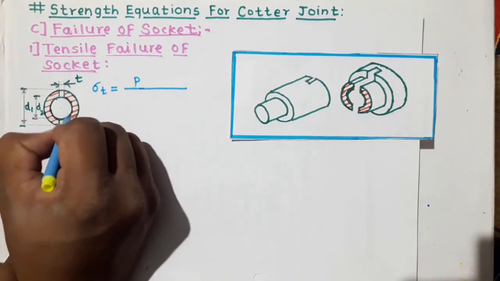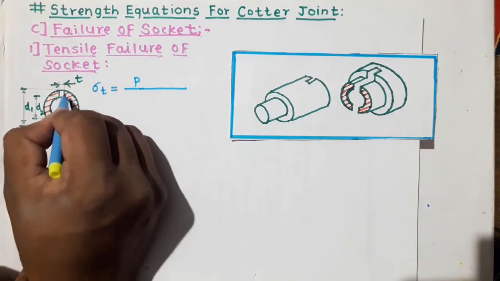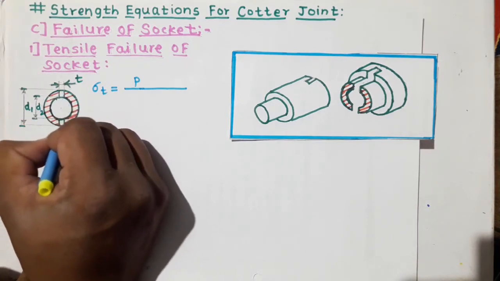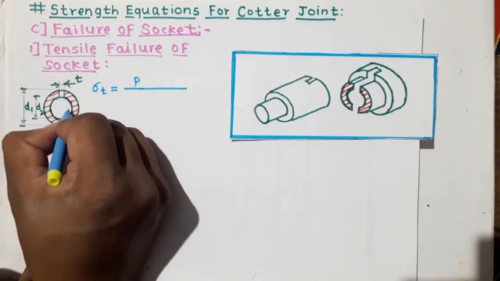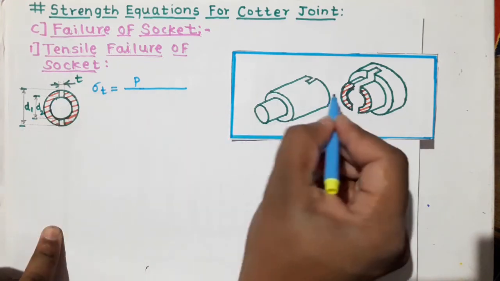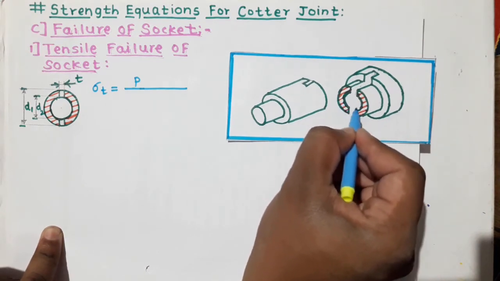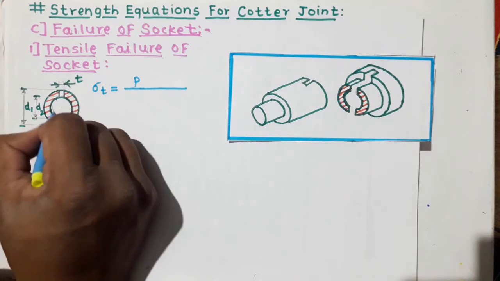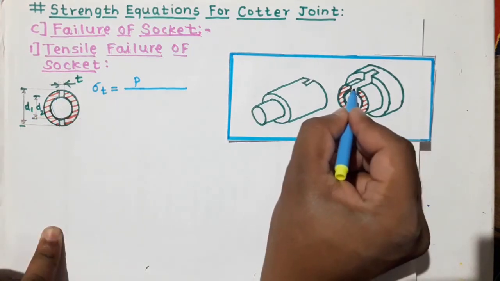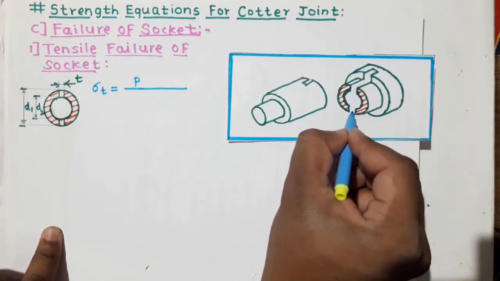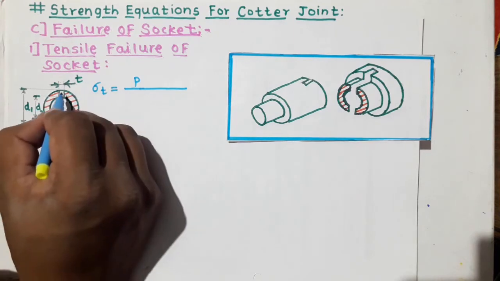The area of the socket which is subjected to tensile stress is this total area, pi by 4 d1 square, minus this hollow region, pi by 4 d2 square, because the socket has one end hollow which can be seen in this 3D diagram. So we have to subtract this area of hollow region, and again we have to subtract the area of this slot, because as there is no material in this slot, there is no stress.